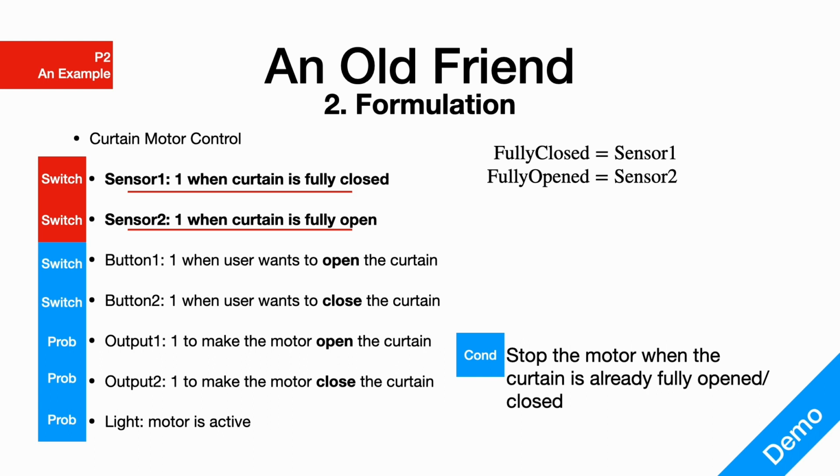Over here, we can simply use an OR gate or OR operator to signal that relationship. Light equals output 1 OR output 2. If either output 1 or output 2 is 1, which means the motor is either trying to open or close the curtain, then the light should be turned on. Otherwise, when both motors are inactive, the light will obviously be equal to 0.